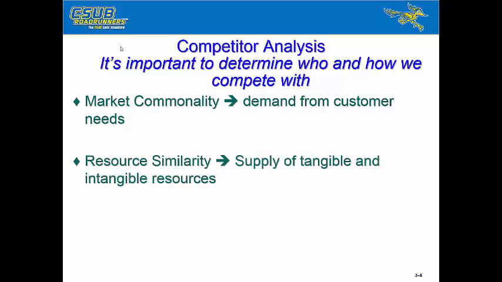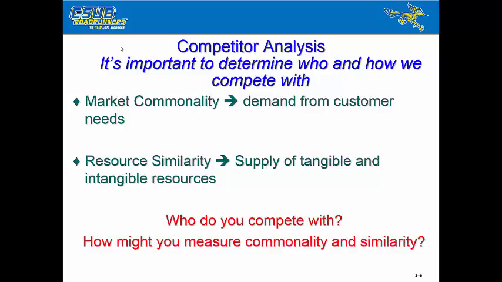And secondly, resource similarity. How similar is the supply of tangible and intangible resources for you and your competitor? That kind of leads you to the question, who do you compete with, and how might you measure market commonality and similarity? Well, I have a suggestion for that.